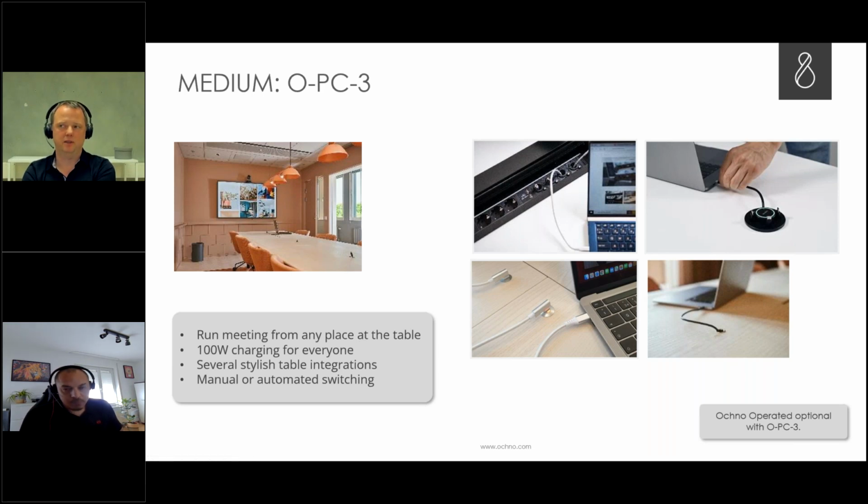So it's not really cable management, more cables. Then we have the aluminium outlets that you see down here. You just drill a hole in the table, you have those outlets, and it provides you with full capabilities and an integrated button to switch. And then there is this small white or black cable that you connect to it to connect to your laptop. So that is what is provided by Ochno ourselves for how to get it into the table surface.